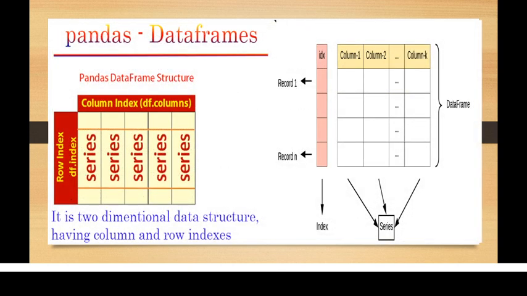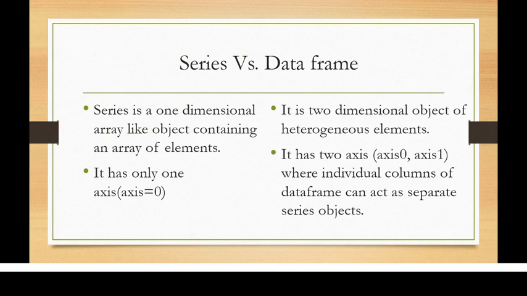Here you can see that this is a data frame, and a data frame is itself a combination of series. A series is a one-dimensional data structure, whereas a data frame is a combination of those one-dimensional series, thereby making a two-dimensional data structure with columns and rows. So we can easily differentiate between a series and a data frame.